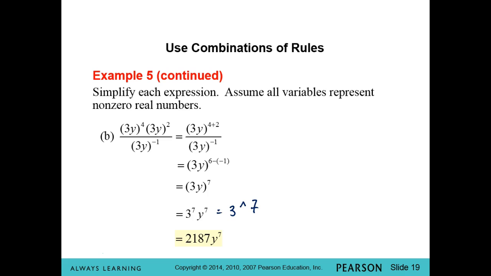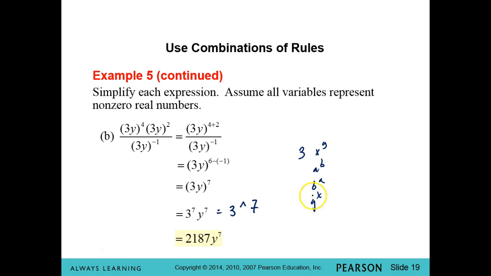Now, if you have an old scientific calculator, then you could do 3 and look for a key that says x to the y, or a to the b, or b to the a, or y to the x. A key that looks something like that.